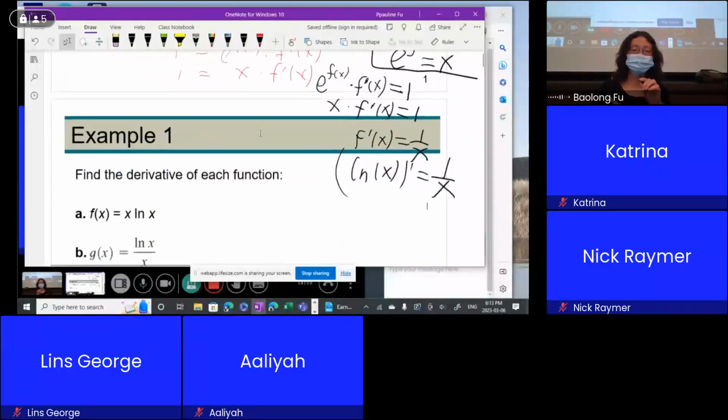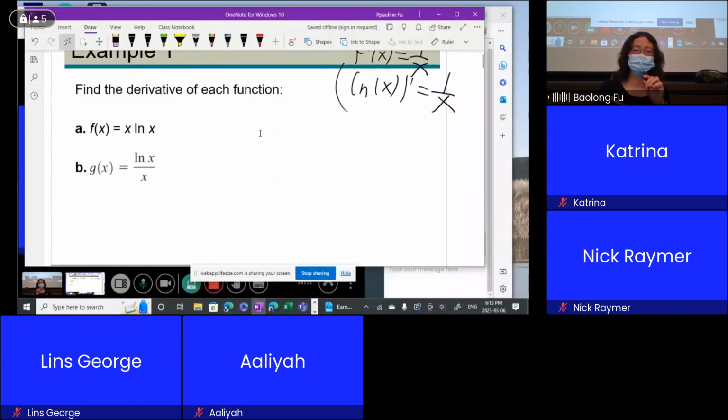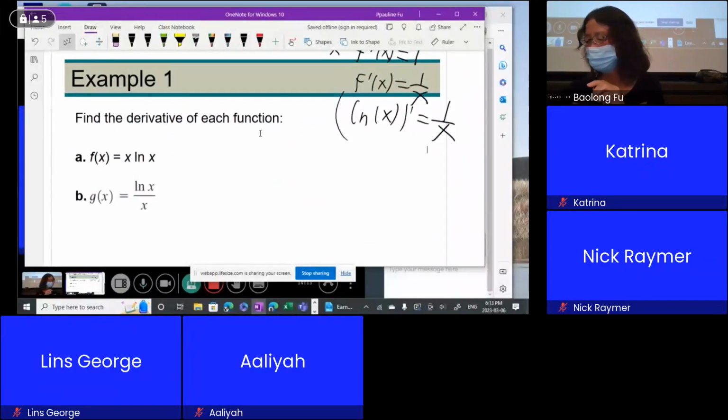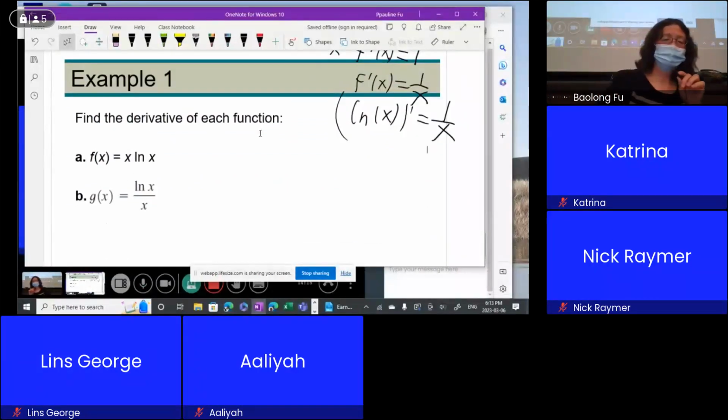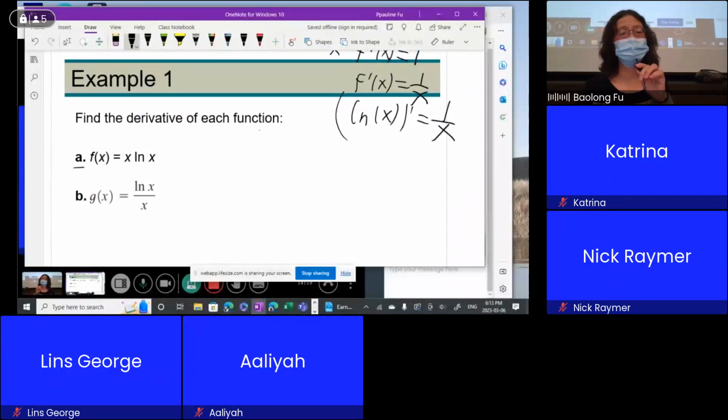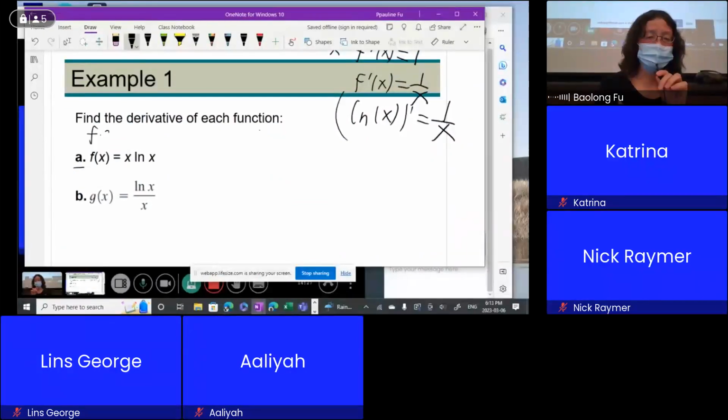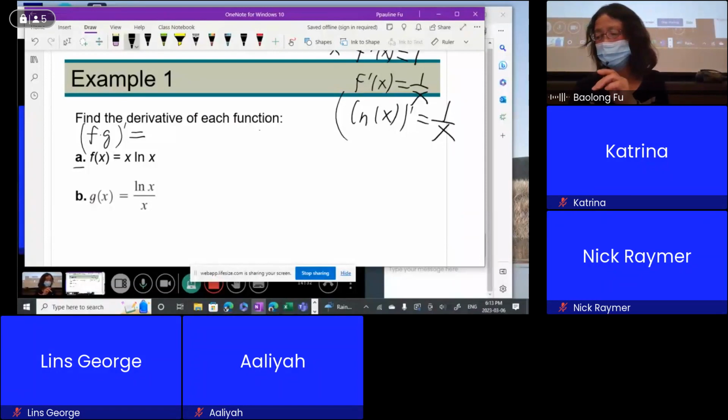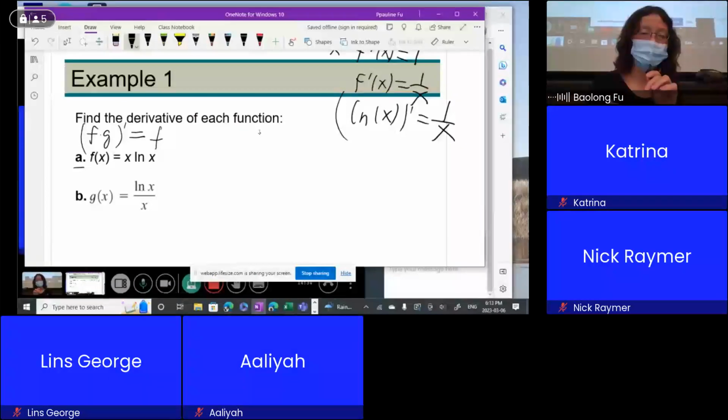Okay. Now let's find the derivative. This one, f(x) equal to x times ln x, we need to use the product rule. Just to remind you, the derivative of f times g equals f g prime plus g f prime.